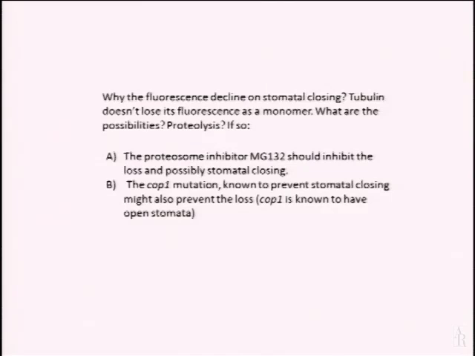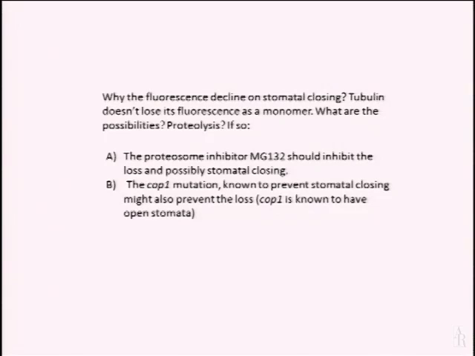Well, now, why does the fluorescence decline on stomatal closing? As I pointed out at the start, tubulin doesn't lose its fluorescence as a monomer. It's still there. So there obviously is an overall loss in tubulin. And of course, proteolysis makes good sense. So now this is some work by Rajneesh Khanna, who just joined the lab recently.